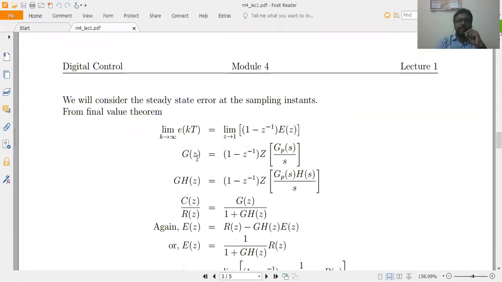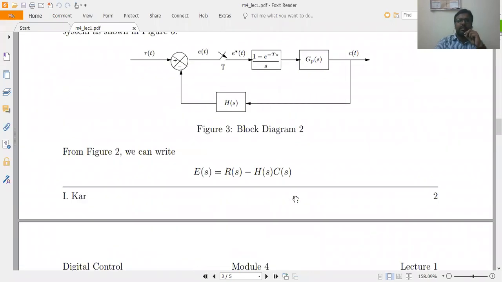So let us multiply this particular G of z with H of z, which is going to give us 1 minus z inverse into z transform of Gp of s into H of s divided by s. But we are having the overall pulse transfer function expression for this kind of block diagram.